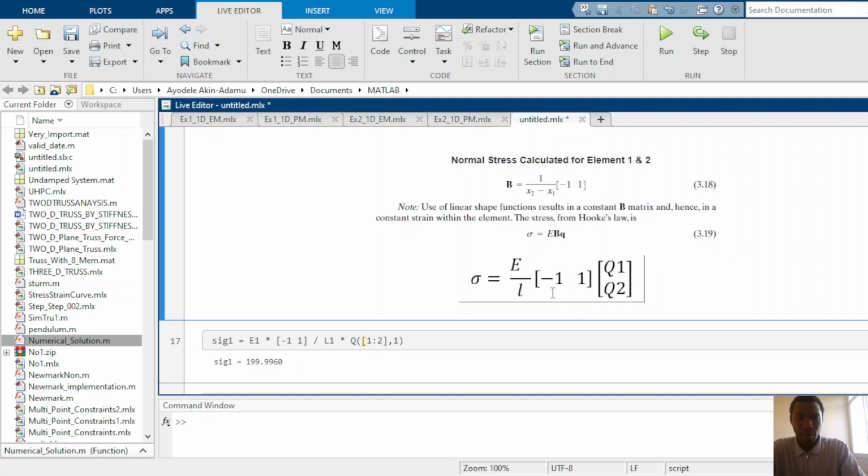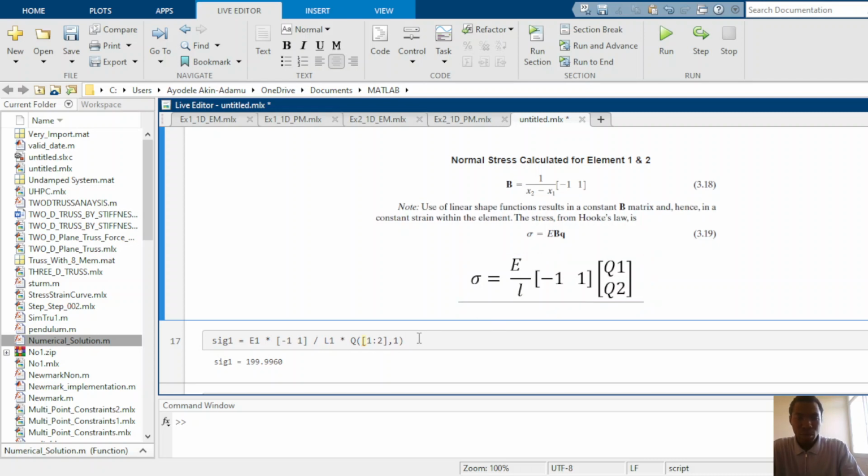So using this formula, we can calculate the normal stress with this Matlab line of code. E1 multiplied by this vector or matrix divided by L1, see the L here, L1, multiplied by the displacement vector.